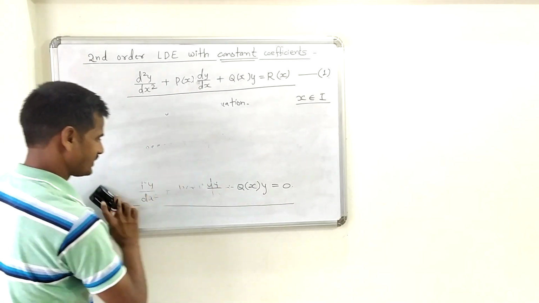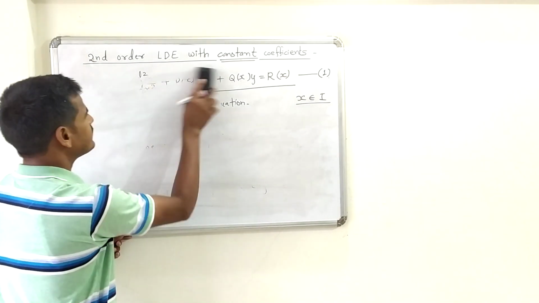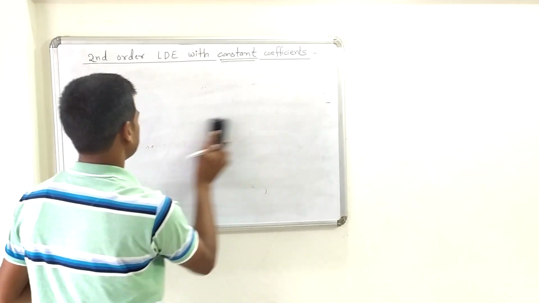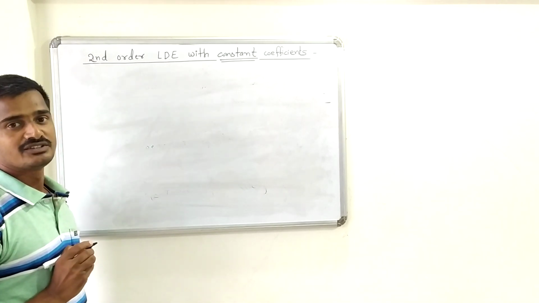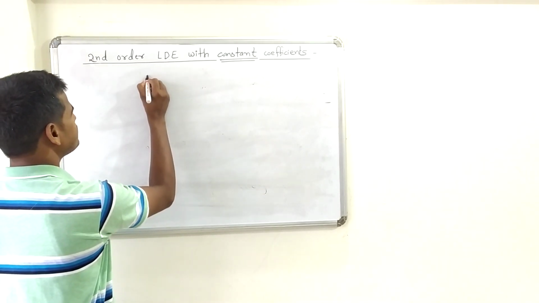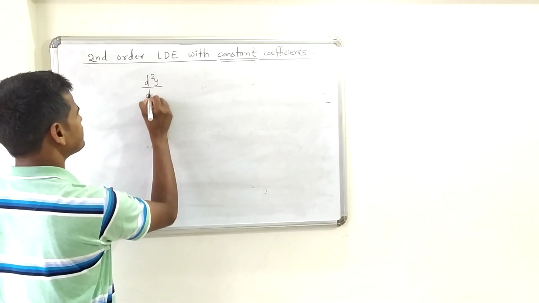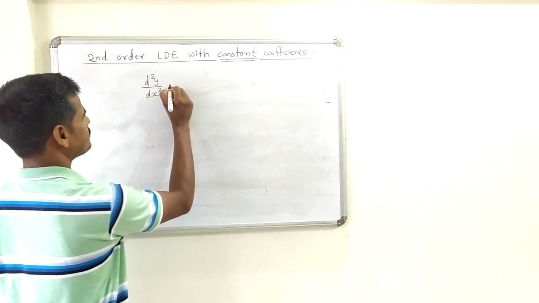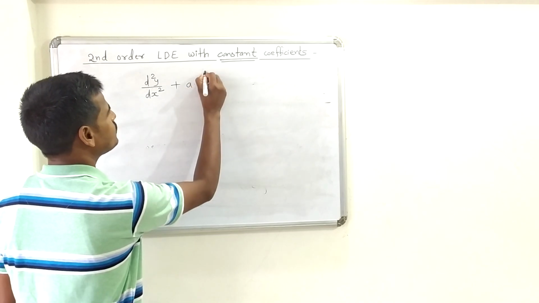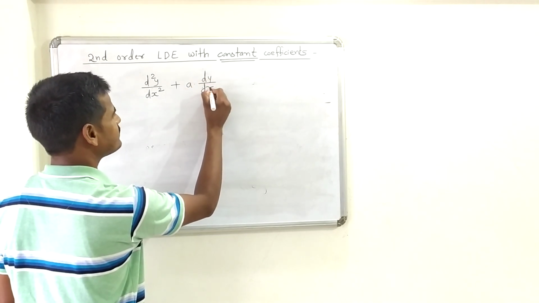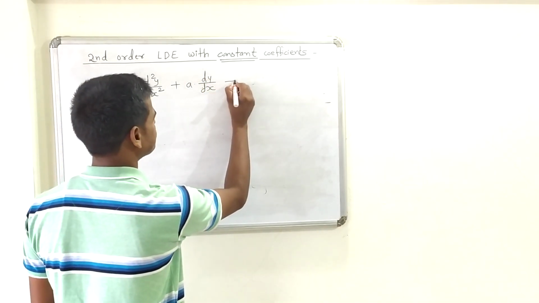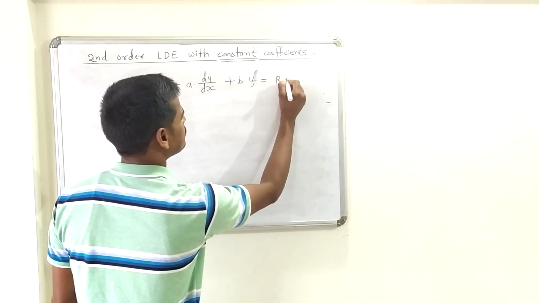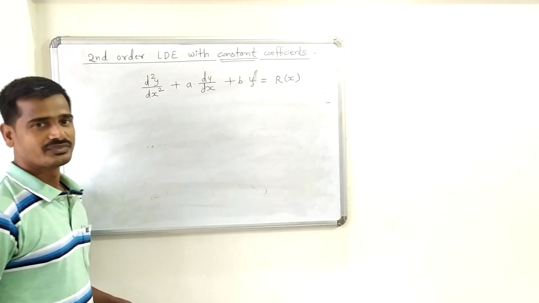First of all, I erase it. So what is a second order linear differential equation with constant coefficients? It is d square y by dx square, and as mentioned, we have constant coefficients, so I will write a into dy by dx, where a is the coefficient of dy by dx, plus b into y is equal to r of x.